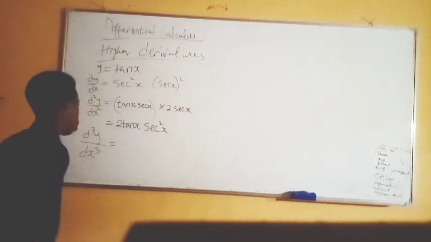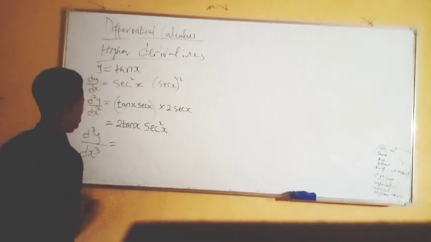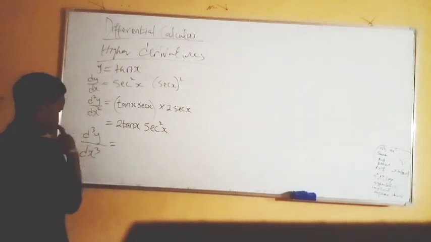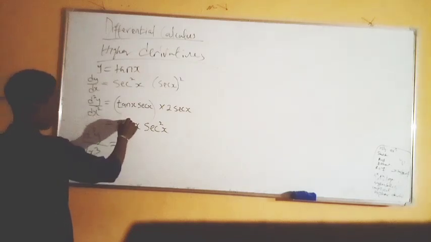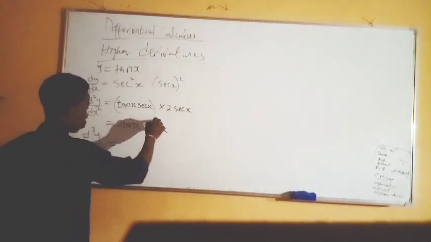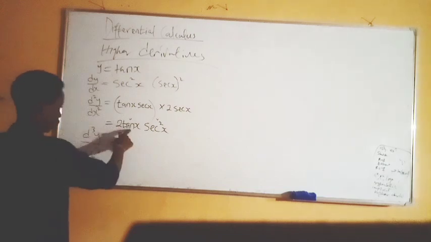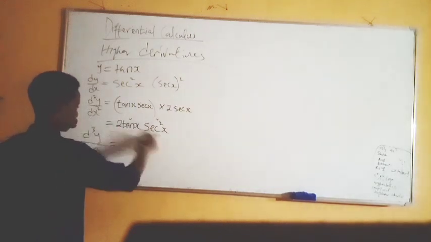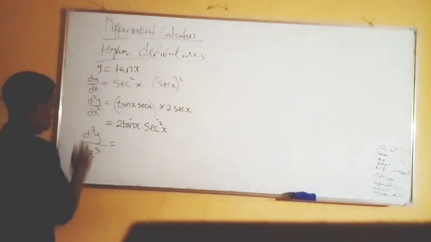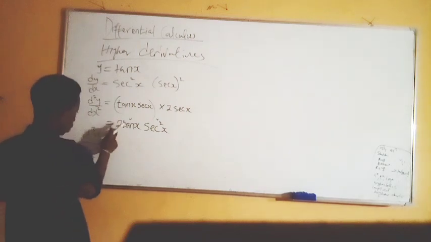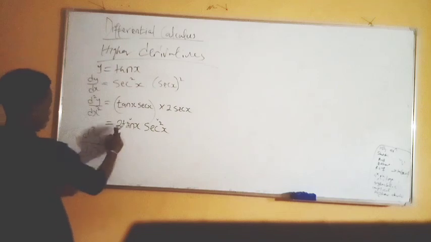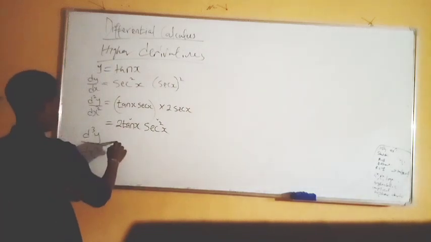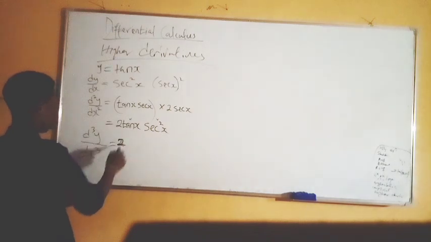Remember, this is our u, and this is our v. Our u is tan x, our v is sec squared x. Remember I said whenever we have constants outside these functions, you just bring the constant out. It doesn't really affect the differentiation.